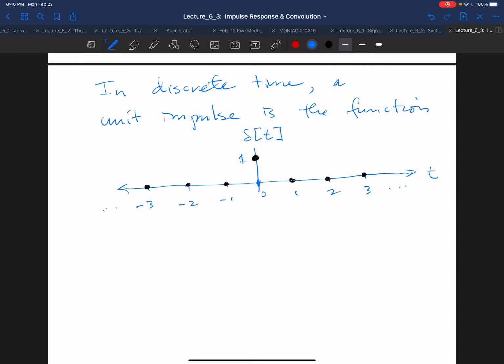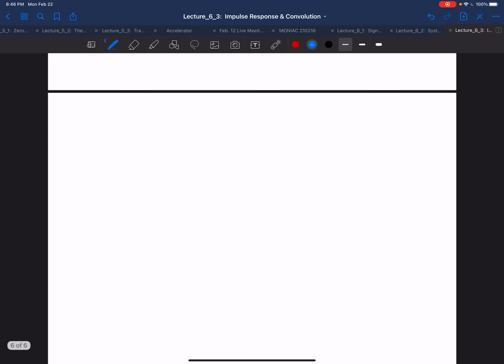Now, the first thing to note is that this discrete time impulse has the same kind of sifting property that we used as the formal definition of the continuous time unit impulse. So this also satisfies a property that we can think of as a sifting property. So let's state this.